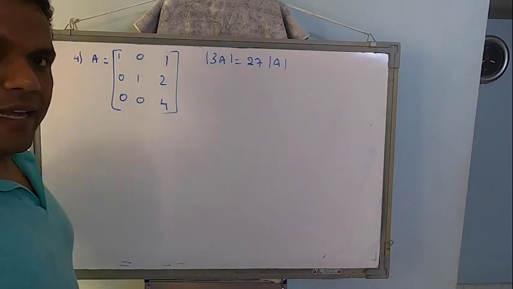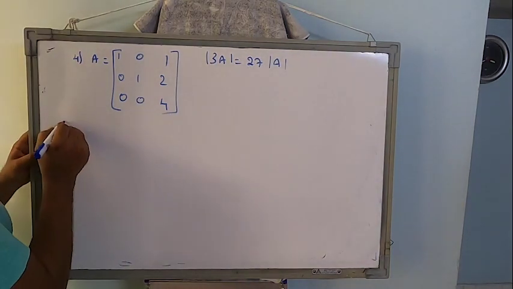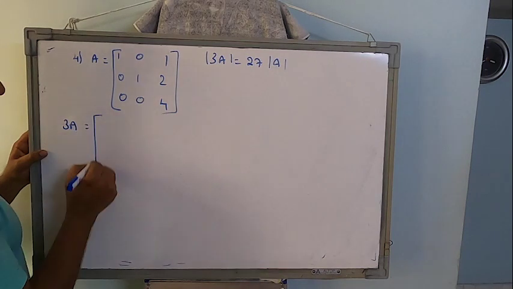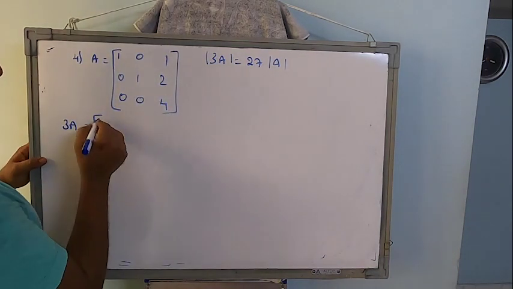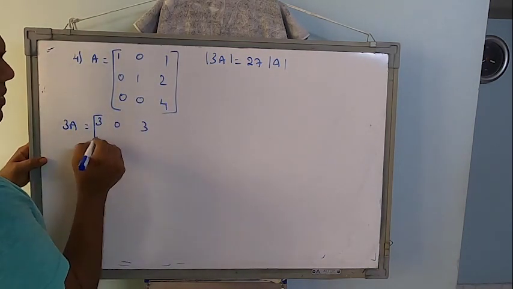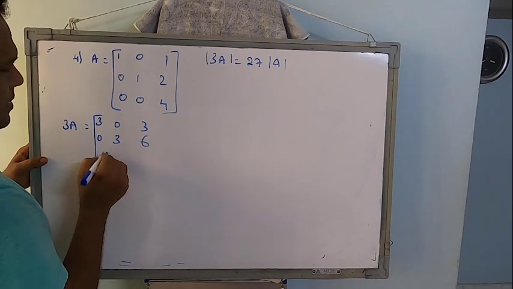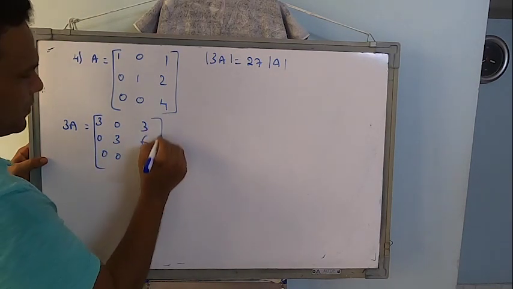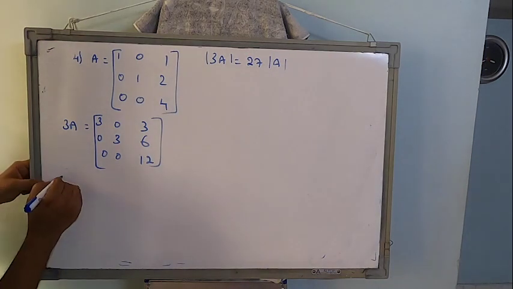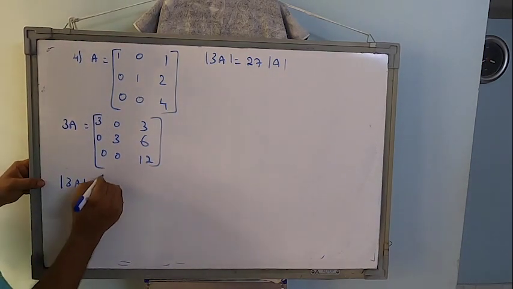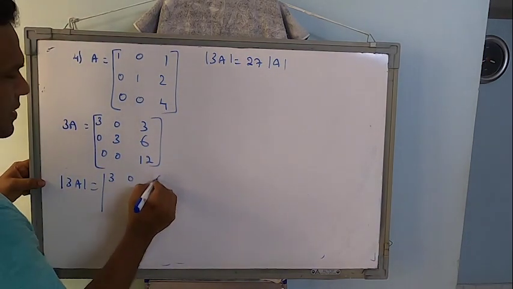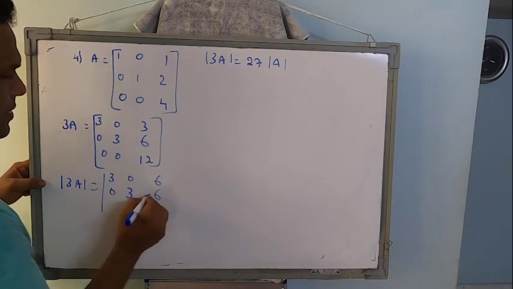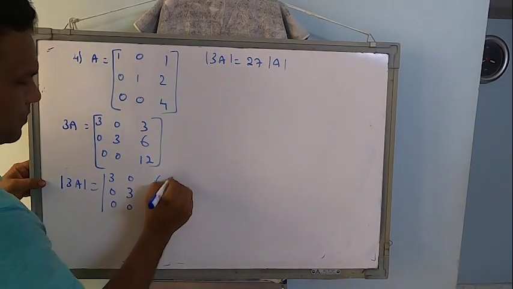Look at the left side, 3A. What to do with 3A? First thing, 3A means multiply each element by 3. So 3, 0, 3, 0, 3, 6, 0, 0, 12. Now take the determinant of this.